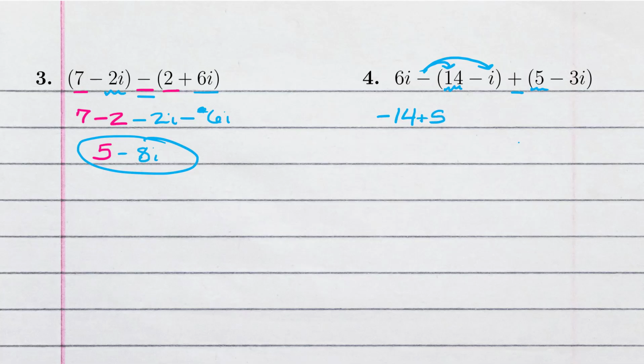Now let's do the imaginary. 6 minus 6i, and that was a positive 6i, so plus, minus a negative i, plus negative 3i.